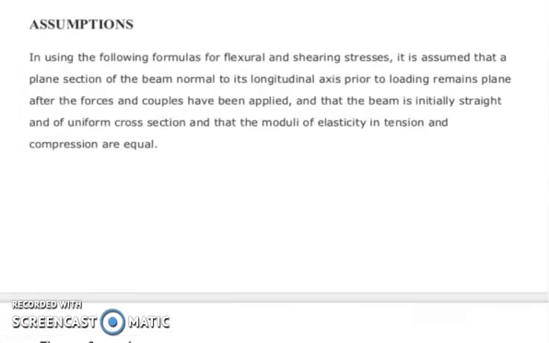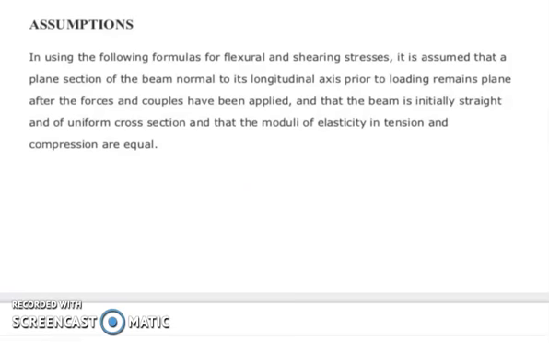So we have here certain assumptions. In using the following formulas for flexural and shearing stresses, it is assumed that a plane section of the beam normal to its longitudinal axis prior to loading remains plane after the forces and couples have been applied, that the beam initially is straight and of uniform cross-section, and that the moduli of elasticity in tension and compression are equal.